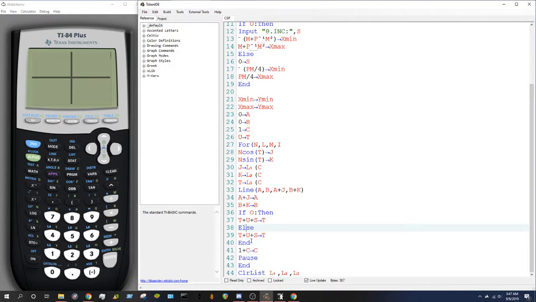If, then end. If O, then else, then end. And pause and end, that's why. This doesn't need to be here. In fact, this shouldn't even be here. It should be here.